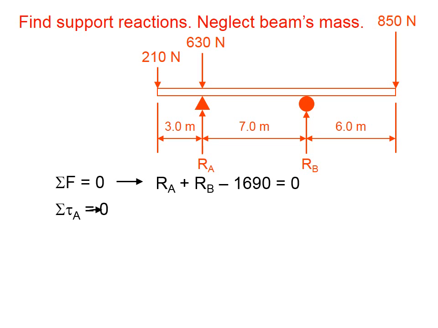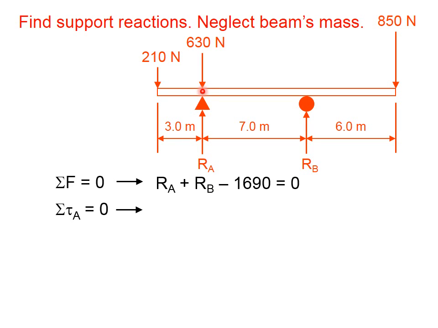For the torque equation, we need to put a pivot point in there, and I'm going to choose right there to be the pivot point for two reasons. One, you need to pick a point that one of the unknowns passes through.